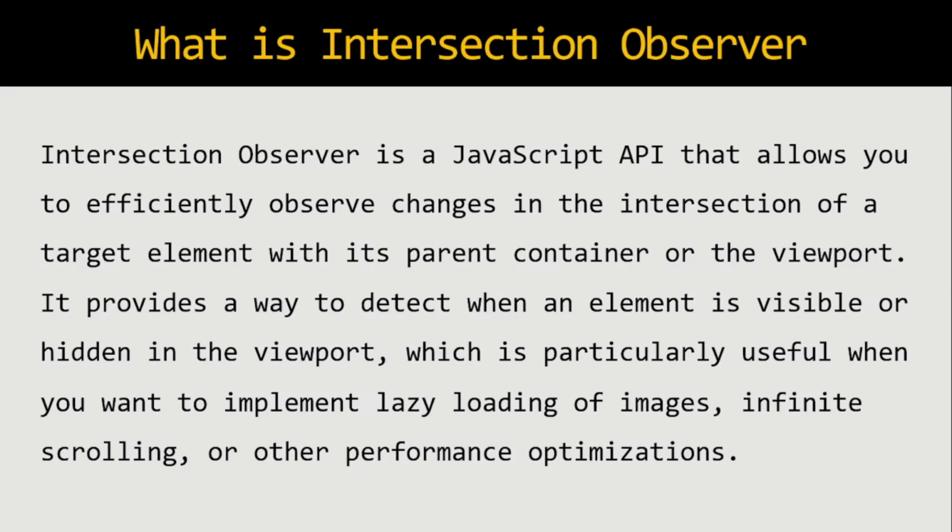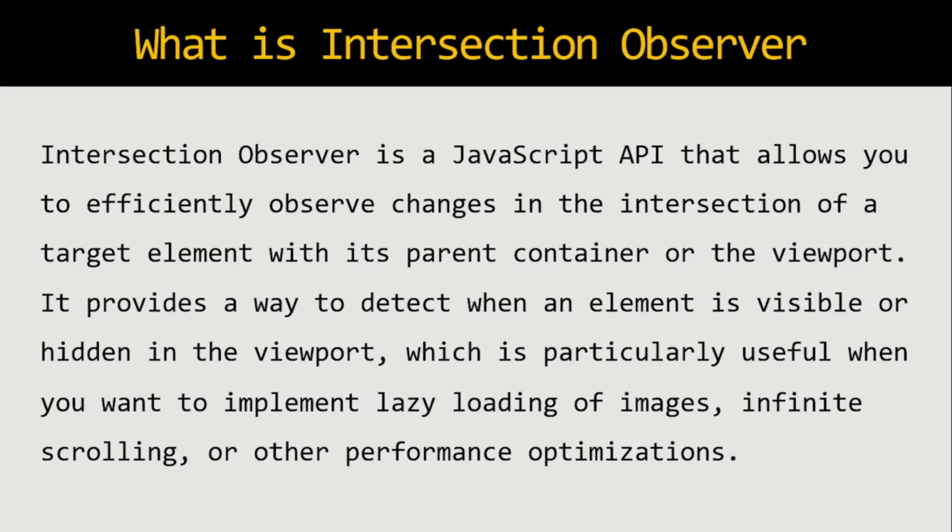Okay, it is one of the JavaScript APIs that we normally use to observe changes in the DOM, or to observe changes on your website when one of the elements you are observing intersects the viewport. Okay, so it provides a way to detect when an element is visible or hidden in the viewport.